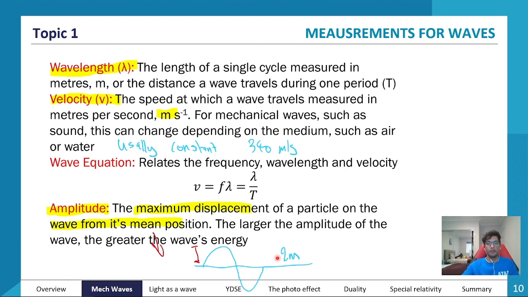With the speed of waves, you can't really change that as much. And you end up getting this formula: velocity is equal to frequency times wavelength, which shows you the relationship between velocity, frequency, and wavelength. This second formula, velocity is equal to wavelength divided by time, comes from the formula that frequency is equal to 1 divided by time.